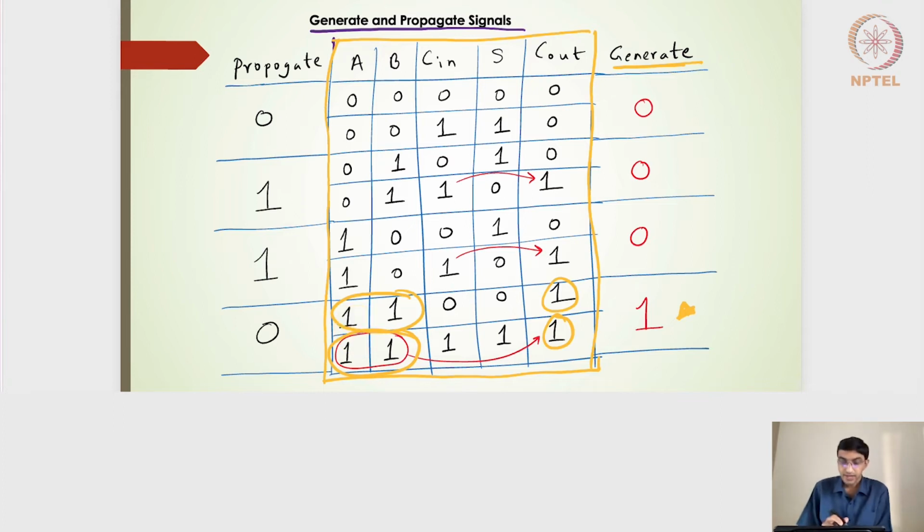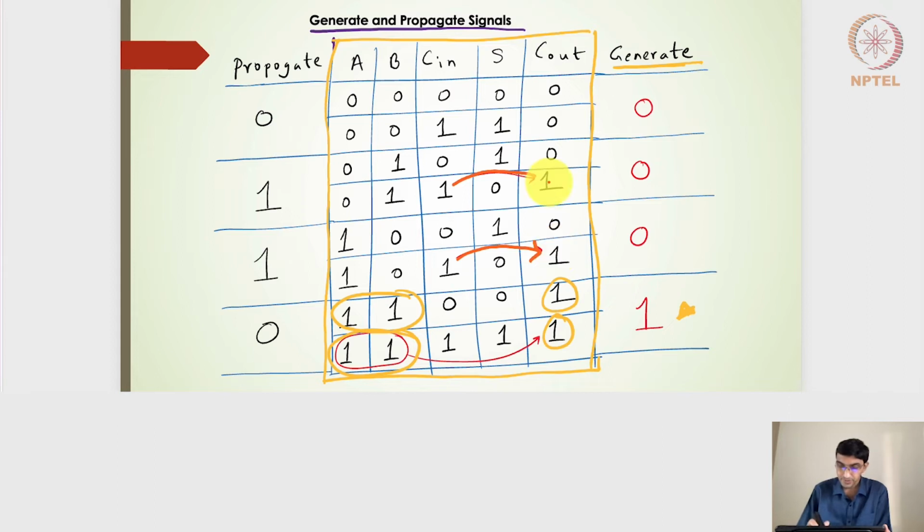All right, the propagate signal. It is 1 when the carry out is 1 and the carry input is actually 1, and that is possible only in this case. The carry output is 1, so the carry input is propagated to the carry output as 1.